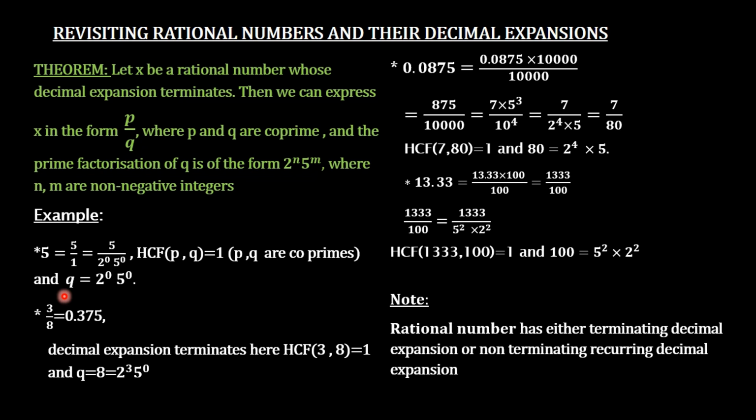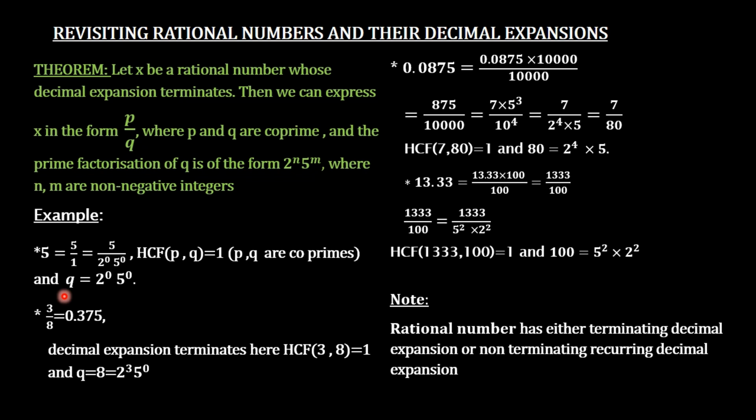So, in order to distinguish between a rational number and an irrational number, we have to check whether it has a terminating decimal expansion. If a decimal expansion is terminating, then that is a rational number. Or if it has non-terminating but recurring decimal expansion, that is non-terminating but repeating.